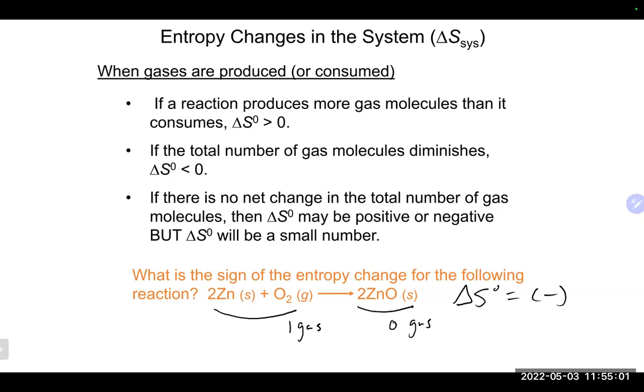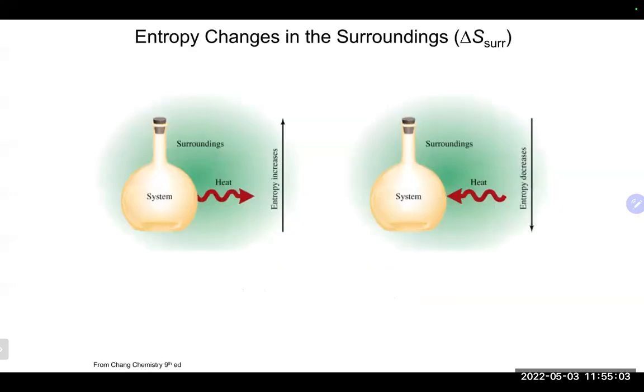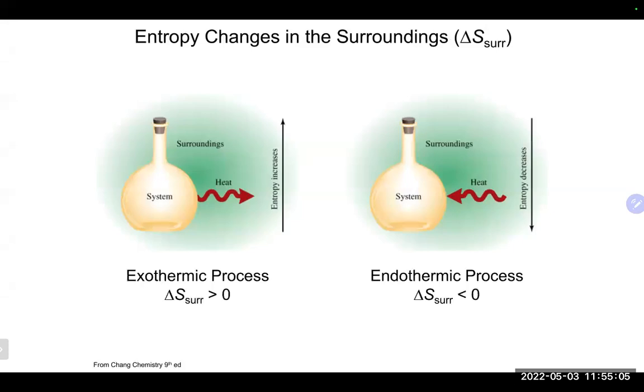Let's then talk about the surroundings, and what is happening in a surrounding situation. On the left-hand side is an exothermic reaction, which means our system is sending out heat and energy to our surroundings. If the system is giving off energy to the surroundings, would that make the surrounding molecules move slower or faster? They probably would move faster, right?